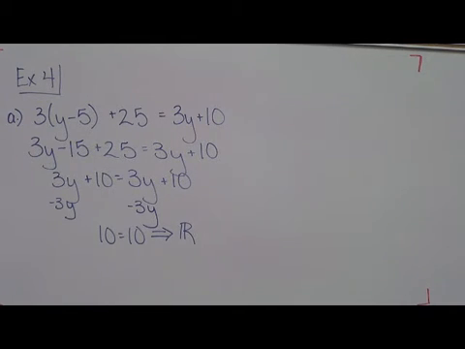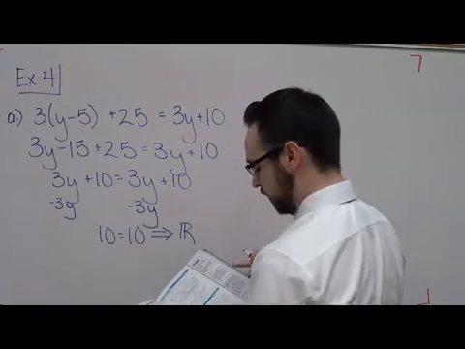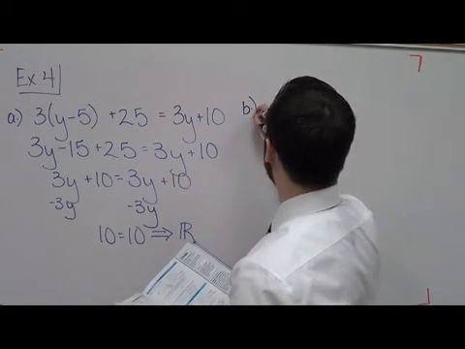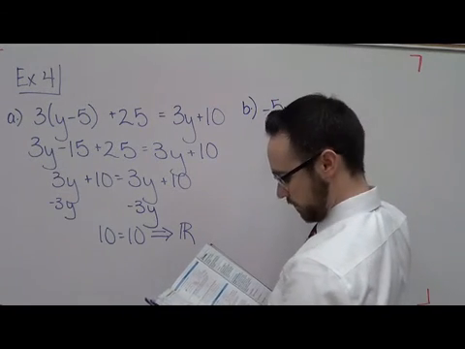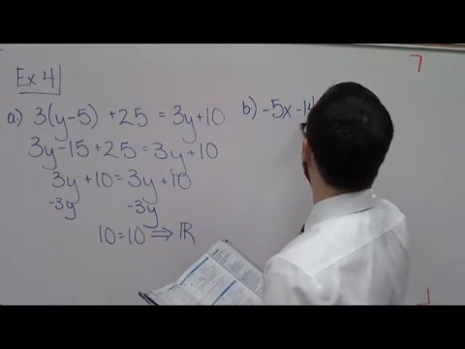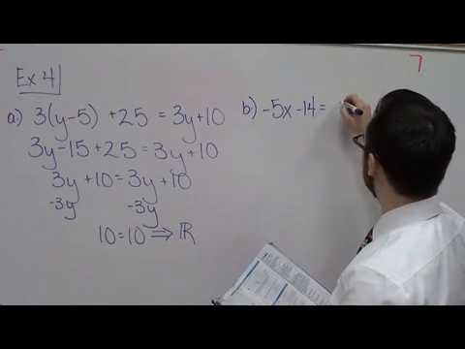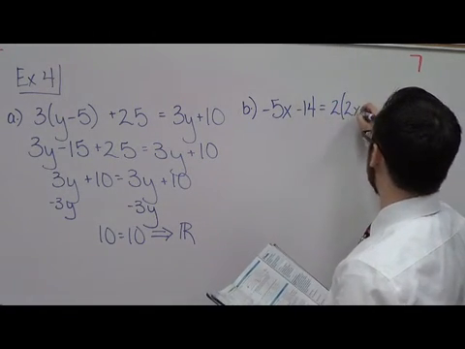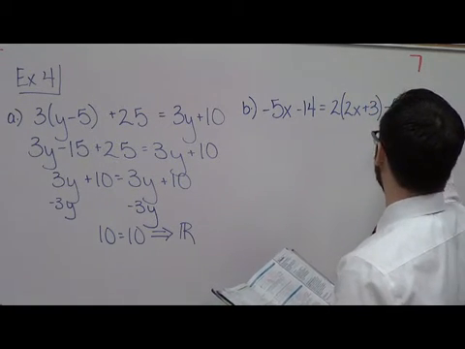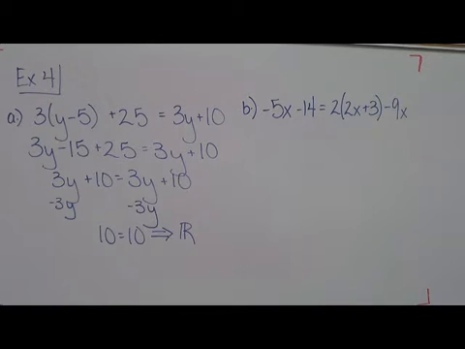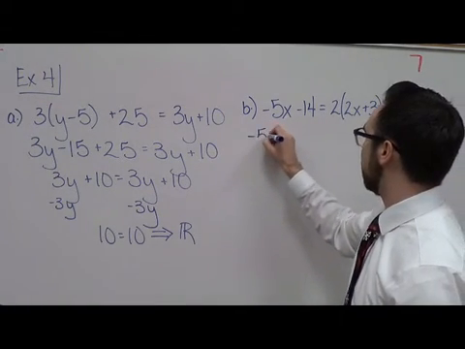Now, to get the empty set, let's look at this equation. We have negative 5x minus 14 is equal to 2 times (2x plus 3) minus 9x. If we look at this equation, again, we start by distributing. So this side stays the same.